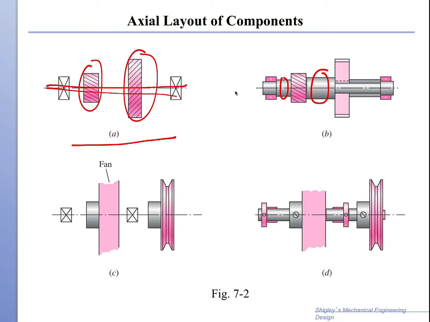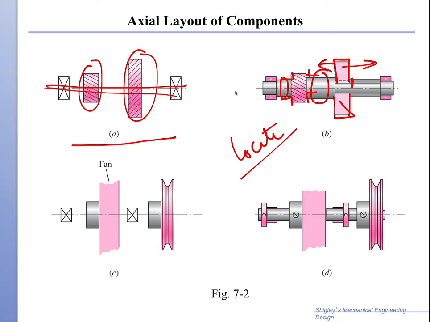You can see it's stepping, and we have to make shoulders, and the shoulders locate the gear. The word location is important because it takes high precision to make the shoulders where the gears would sit, and the gears themselves have to be prevented from axial motion, so there must be some other devices here that will keep them from moving axially.